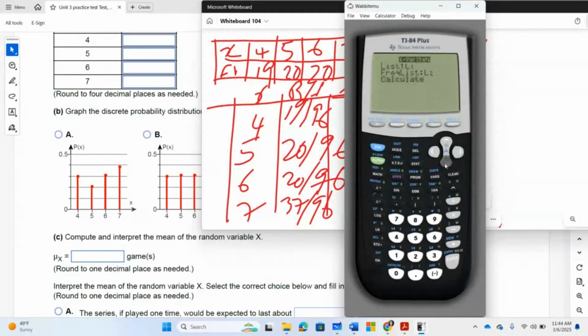L1, L2, calculate. From my answer, the mean is, and they told me to leave my answer to 1 decimal place, 5.8. They also told me to find the standard deviation, and the standard deviation is 1.2.